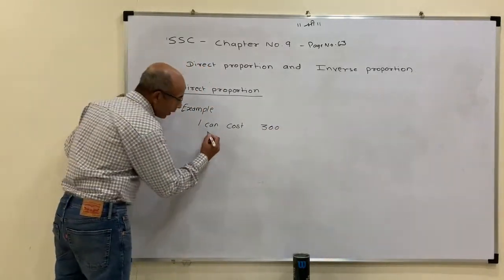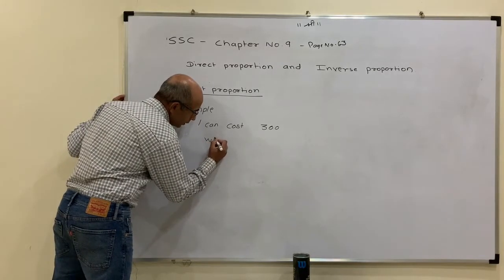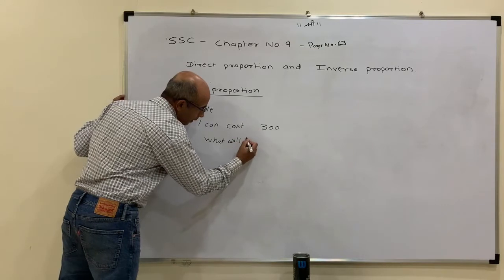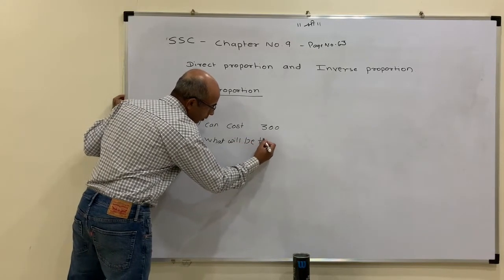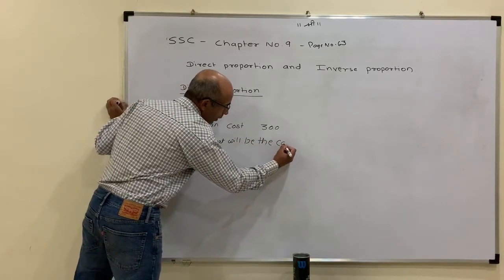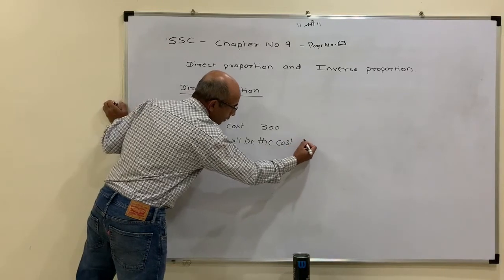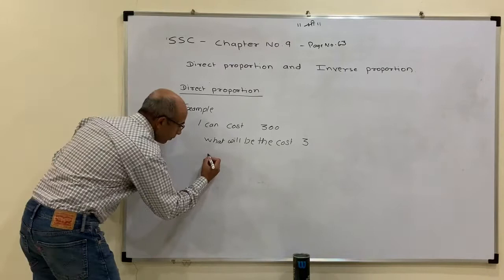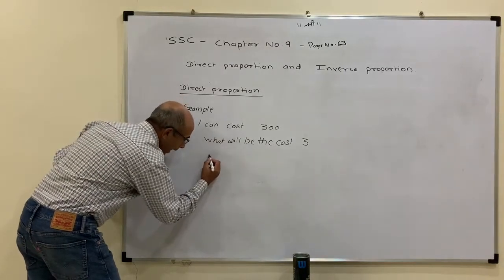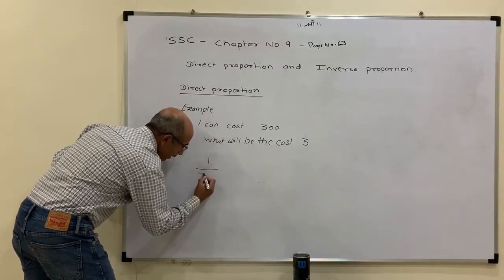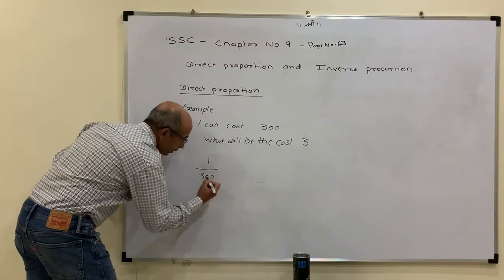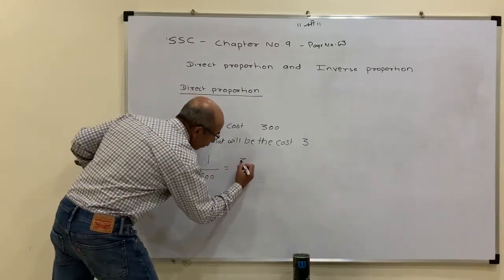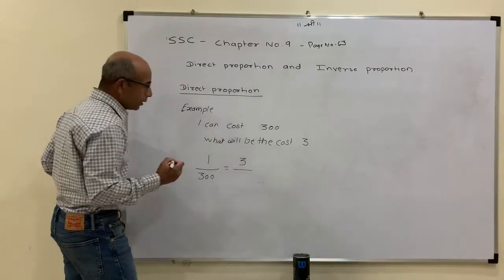So what will be the cost for 3 cans? So my proportion is 1 can, 300 rupees. Now I need to find how much will be for the 3 cans.